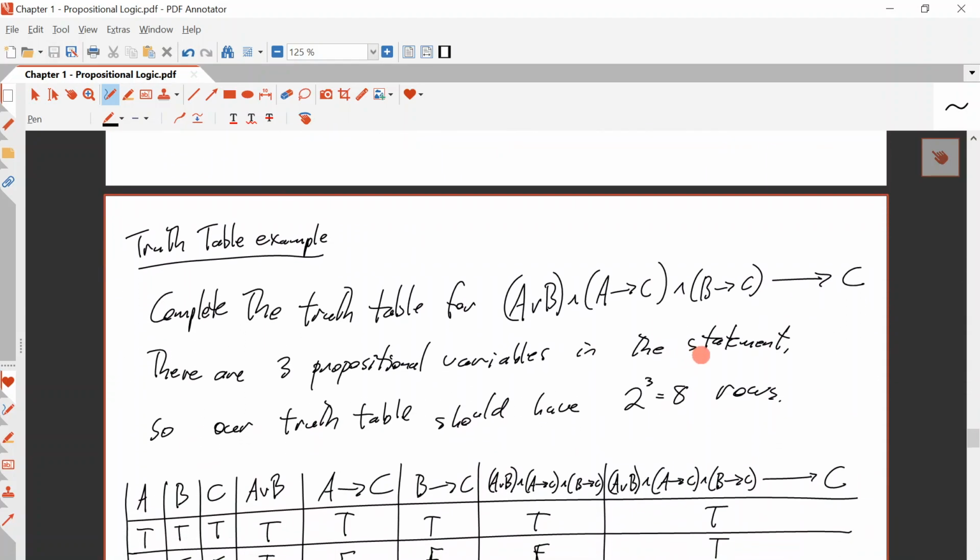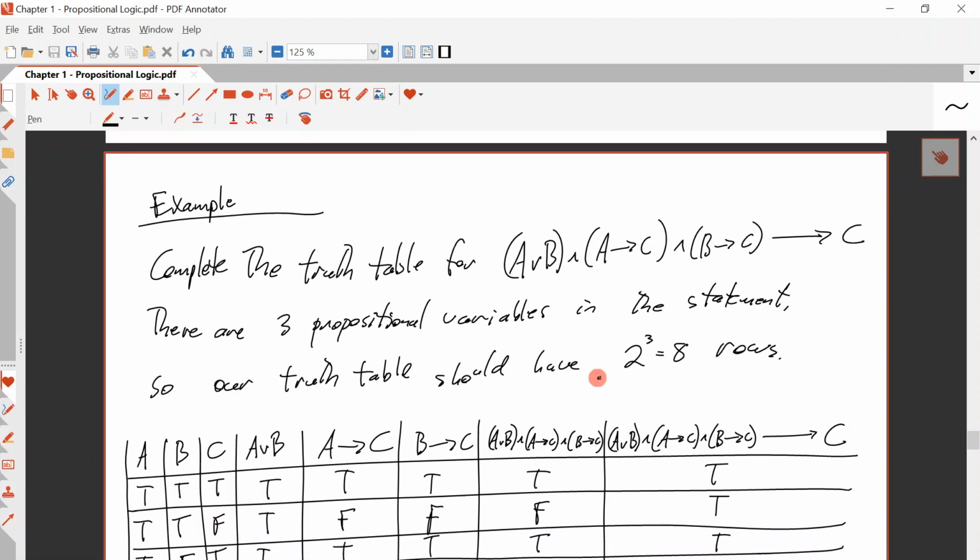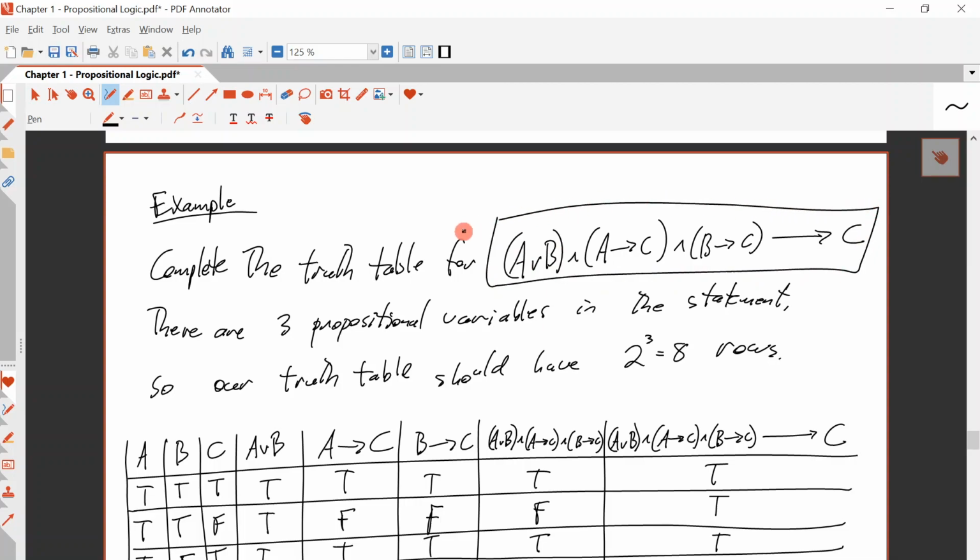And yesterday in our discussion, we had a second example, straight from the discussion notes, this stuff here. Complete the truth table for this propositional logic statement.